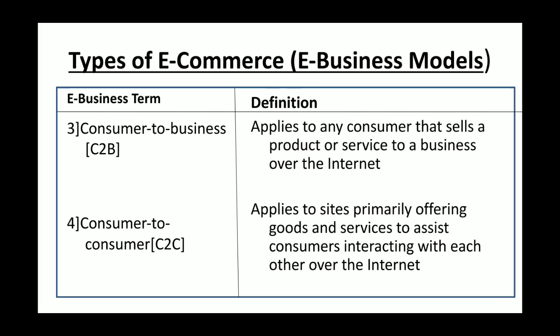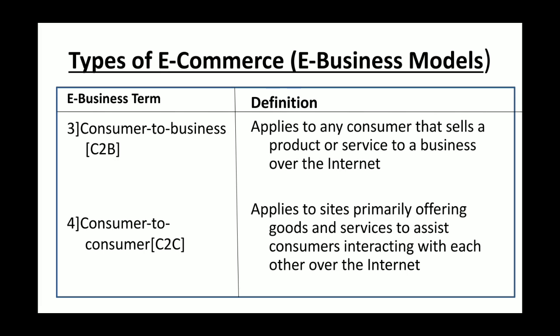And consumer to consumer. This definition applies to sites primarily offering goods and services to assist consumers interacting with each other over the internet. The best example is OLX.in. In that, used products will be displayed and sold on the OLX site, and any other customer can purchase those used products.